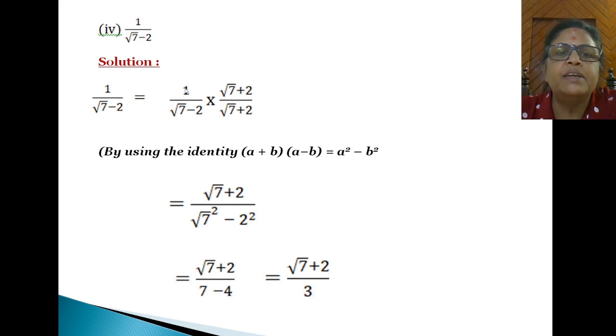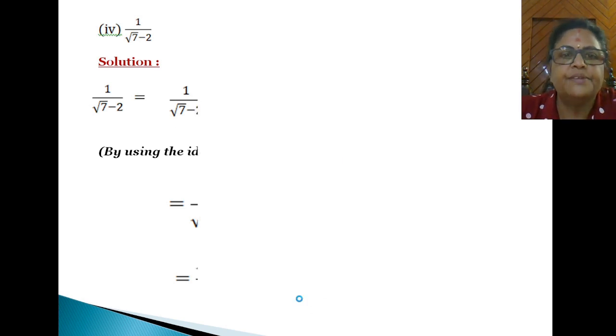So the numerator, 1 into root 7 plus 2, is root 7 plus 2. So the answer is root 7 plus 2 by 3. Rationalize the denominator.